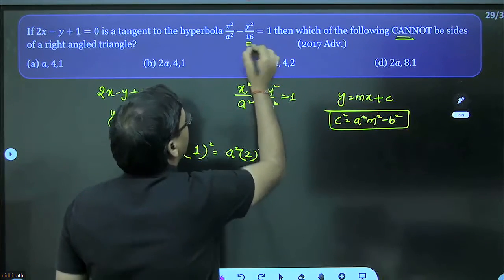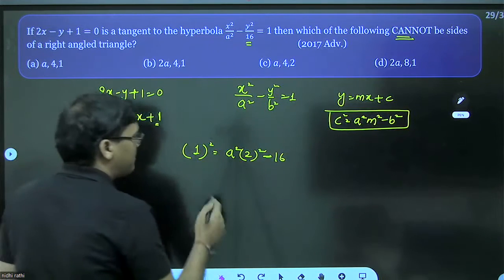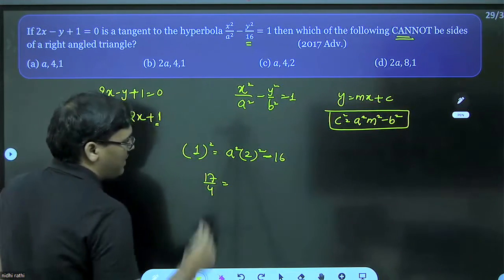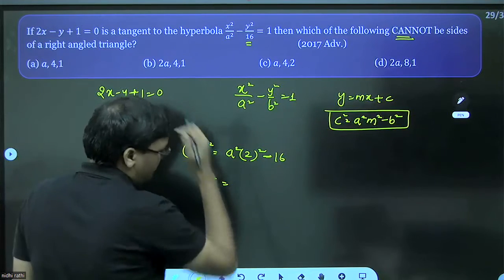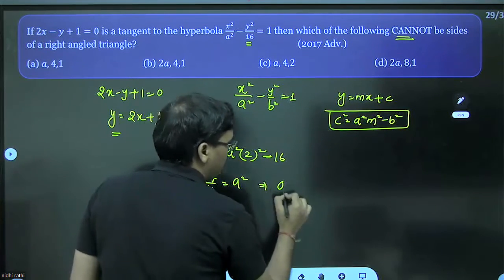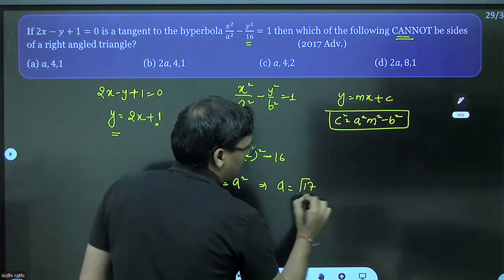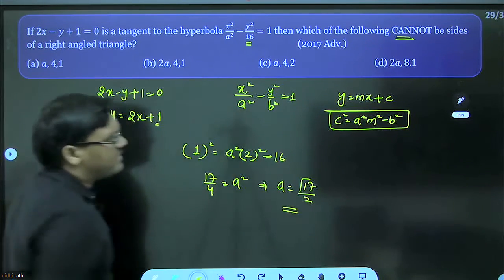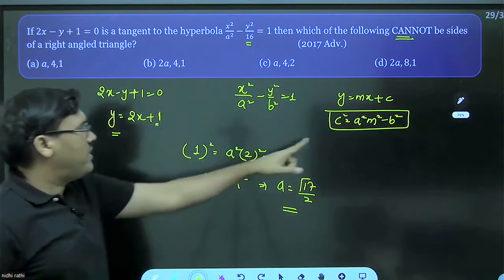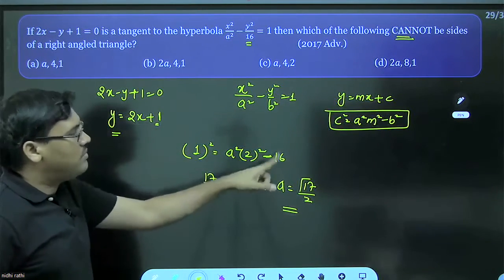You can see b square is 16. So this is 17 by 4, correct? Is equal to a square. So what is the value of a? a is equal to root 17 by 4. I hope this is clear. You have to just apply the condition of tangency: c square is equal to a square m square minus b square.